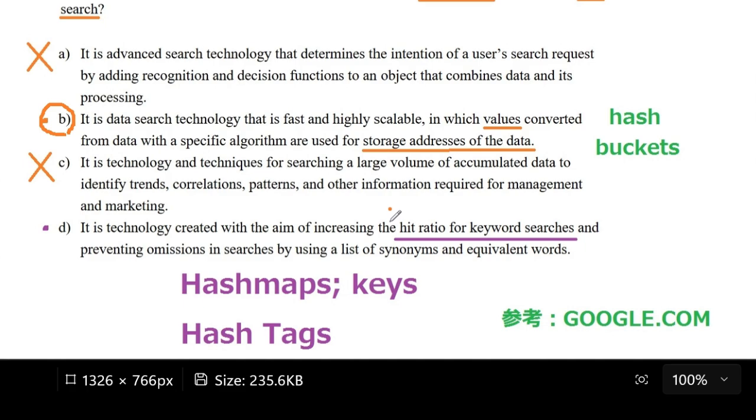But again, because I remembered more the part about hash maps and keys, I thought that if I were to choose B, it could be the answer, but it would be a lot riskier. D sounded more like a sure ball answer for me. So I thought, well, why don't we just go with D?